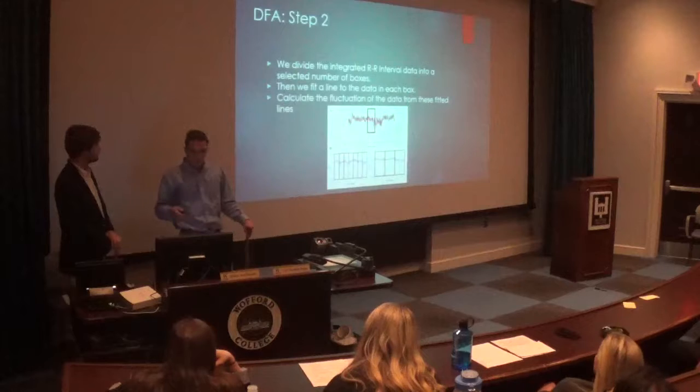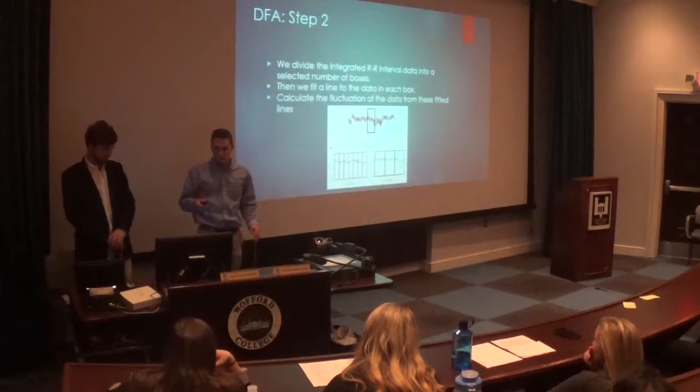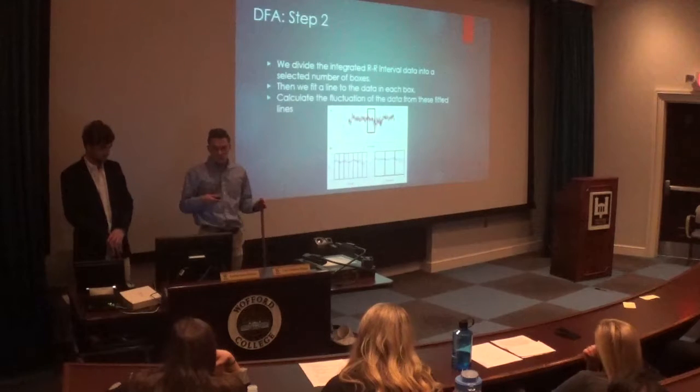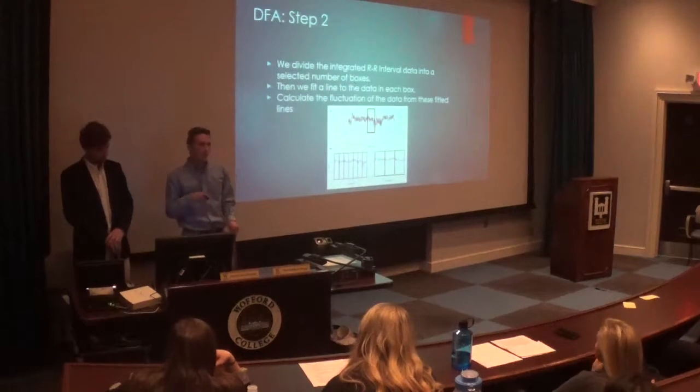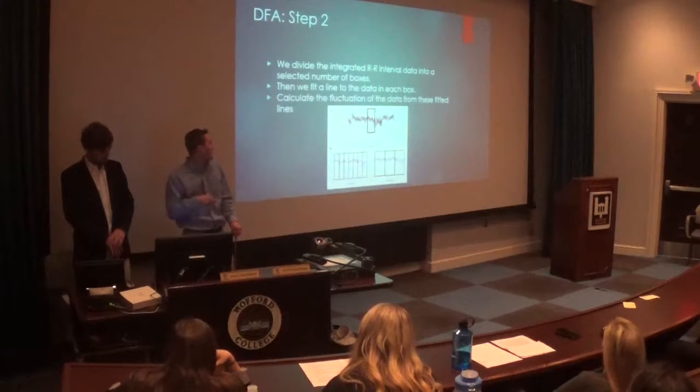And our next step is we divide that integrated RR interval into a set number of boxes, or box number is kind of what we're going to call it from now on. And then we fit a line to the data in each of these boxes. And then we add up the fluctuation from each point to their corresponding line.